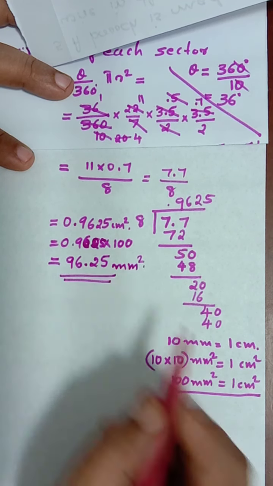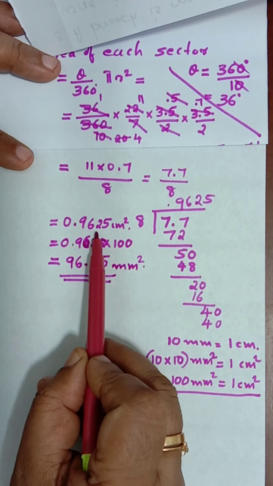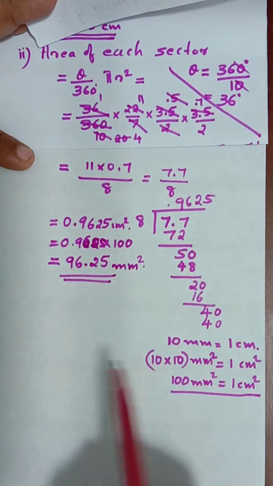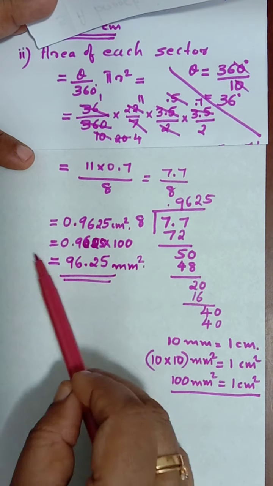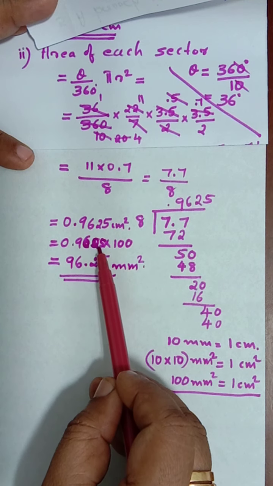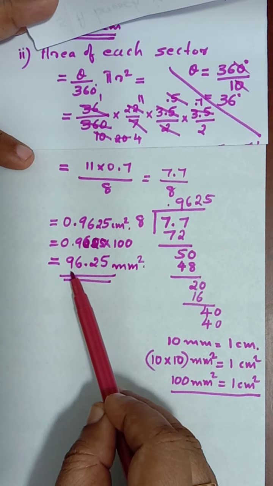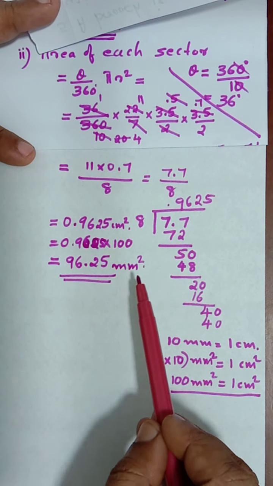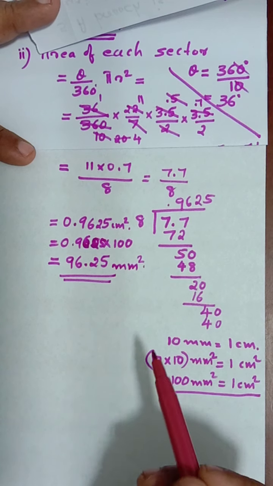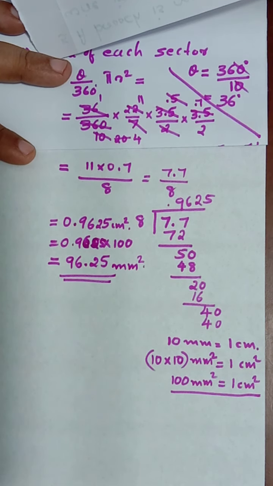That is how the answer comes. So just do the division. You are getting 0.9625 centimeter square. If you want to convert it into millimeter square, multiply by 100. 0.9625 into 100 means 2 decimal places to the right becomes 96.25 millimeter square, which is the area of one part, the area of each sector of the brooch. Hope you understood. Bye.